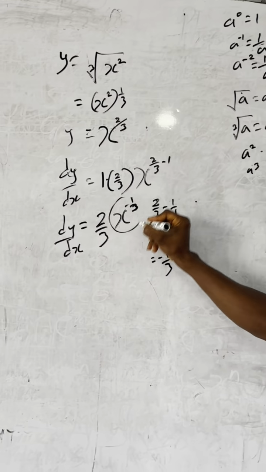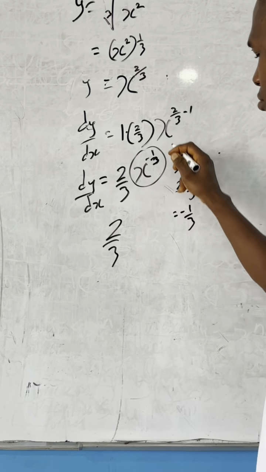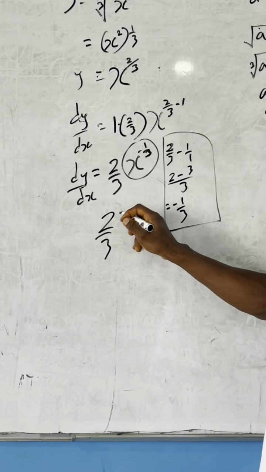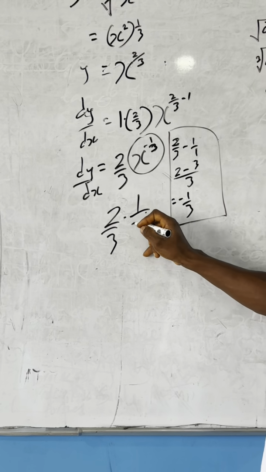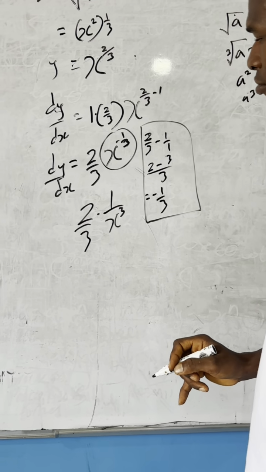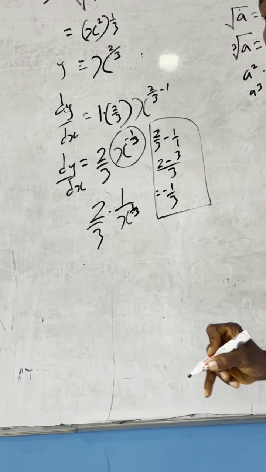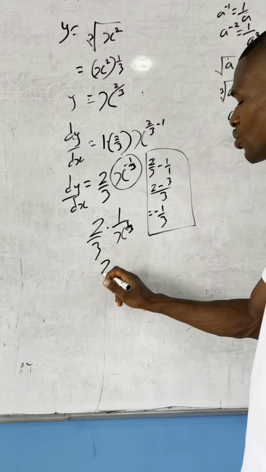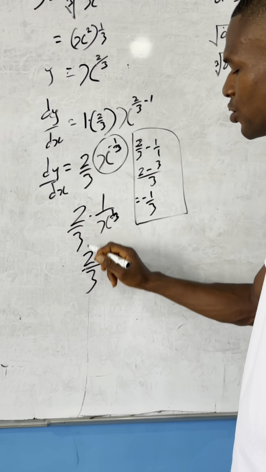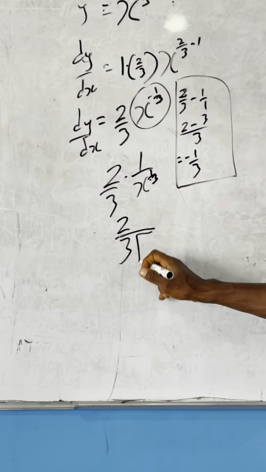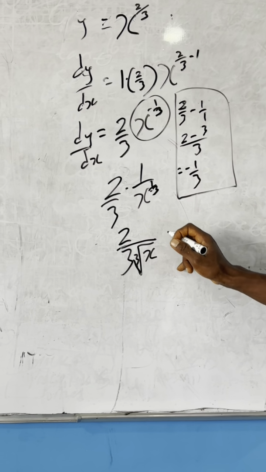So it is affecting only the x, which is 1 over x raised to power 1 over 3. Also, 2 over 3, 2 times 1, 2. 1 over 3 means cube root of x.